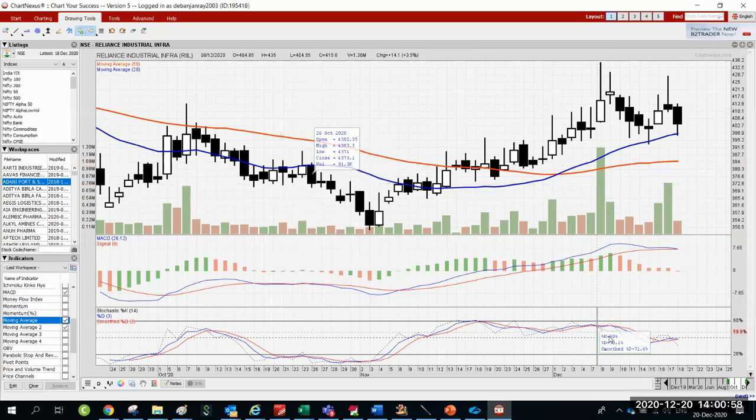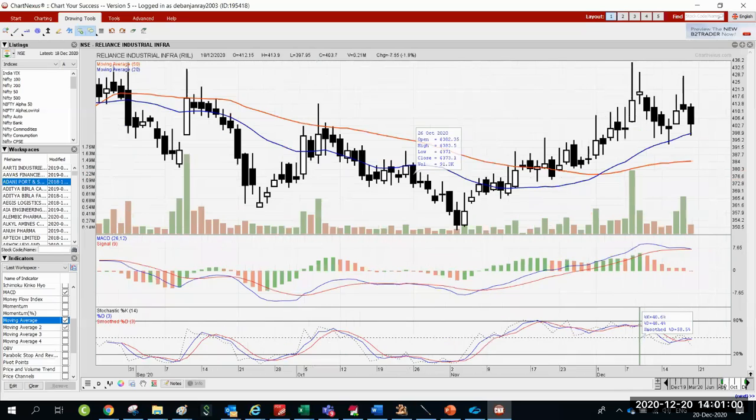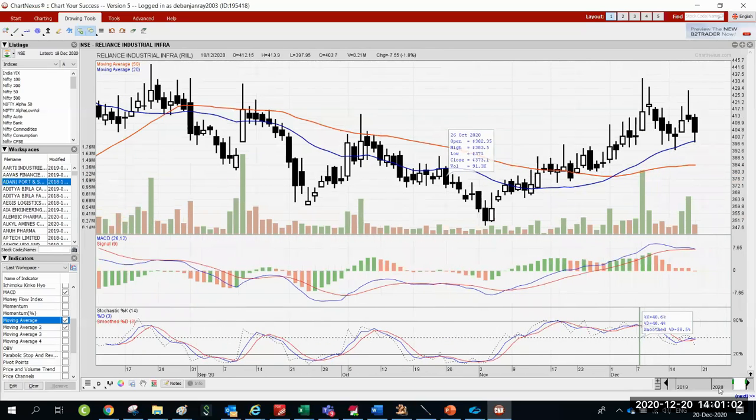In the moving average, we can see that the crossover has happened earlier and it has given a signal quite before. In fact, if we compare, the moving average gave the signal much earlier compared to this one.